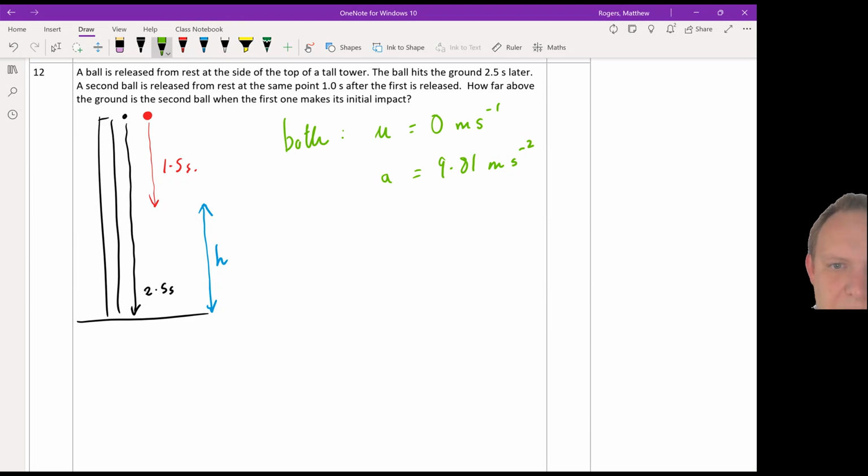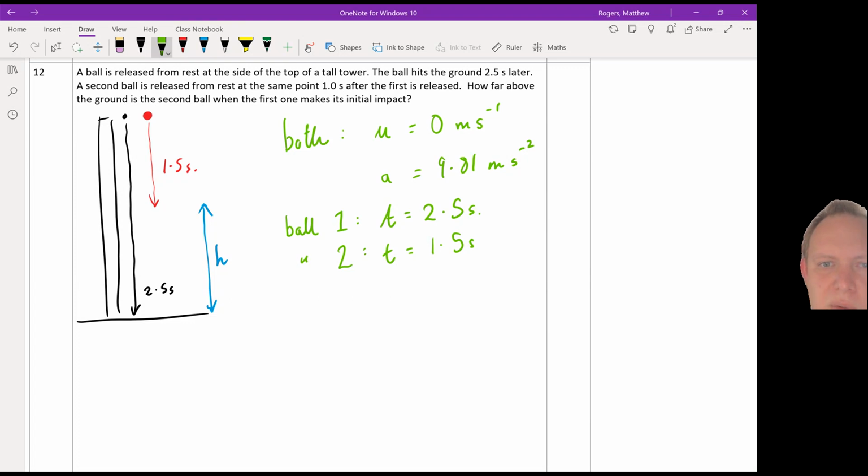But for ball 1, time is 2.5 seconds, and for ball 2, the time of falling is 1.5 seconds. It's released 1 second after the first, so it's only fallen for a time of 1.5 seconds. We're interested in finding the displacement of both.